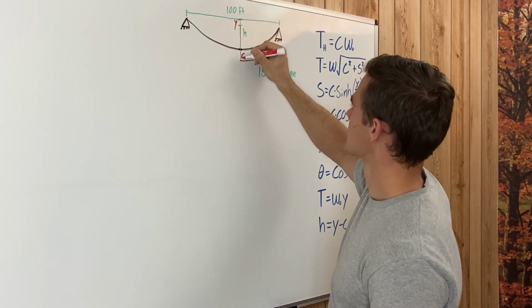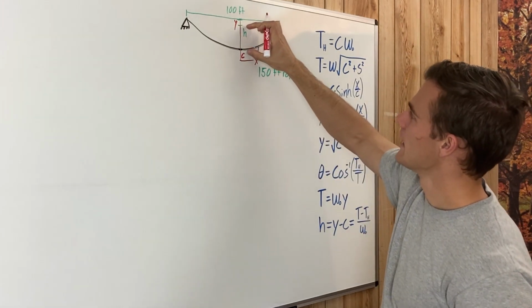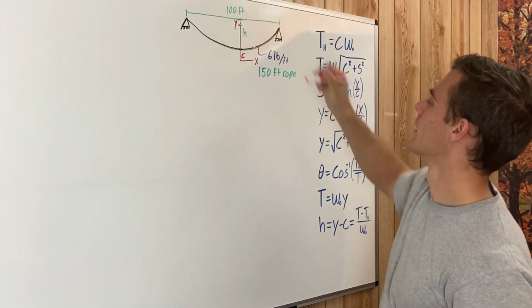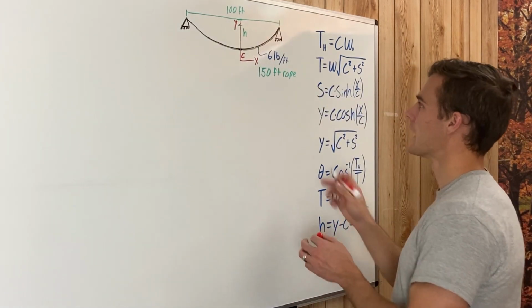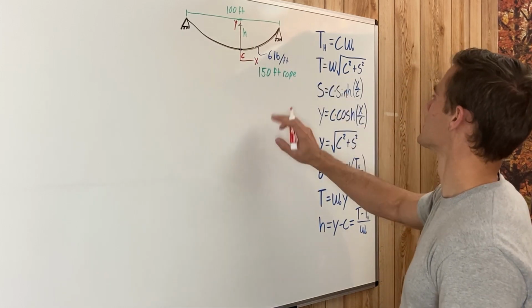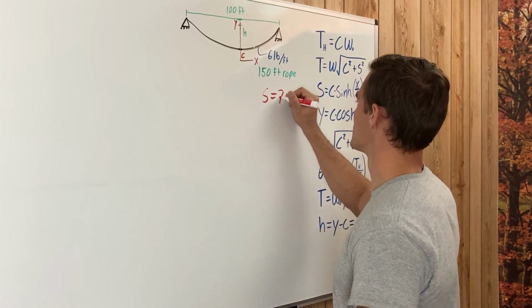This is our distance C right here, and then our distance H is from there up to Y. Y goes up to that point. Our S starts from the y-axis and goes to the support, so it's only going to be half of this. So we have that S equals 75 feet.